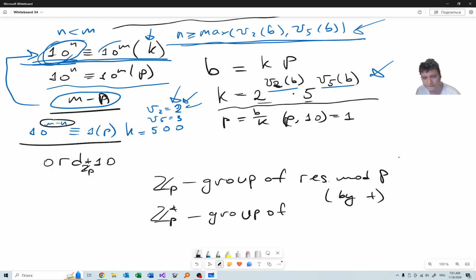But Z_p star, for p prime, is the group of residues modulo p such that they are relatively prime, and this works by multiplication.